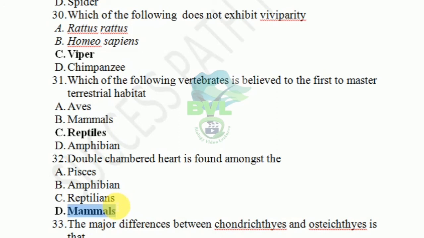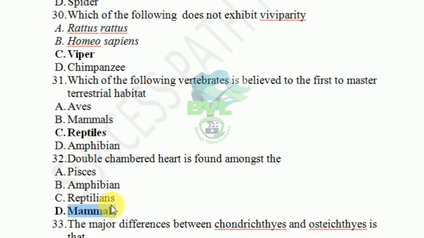On the right, one auricle up, one ventricle down. And that is divided into two by a septum. So that is what we call double chambered. In the case of reptiles, they also have one auricle up, one ventricle down, but it is not totally divided.